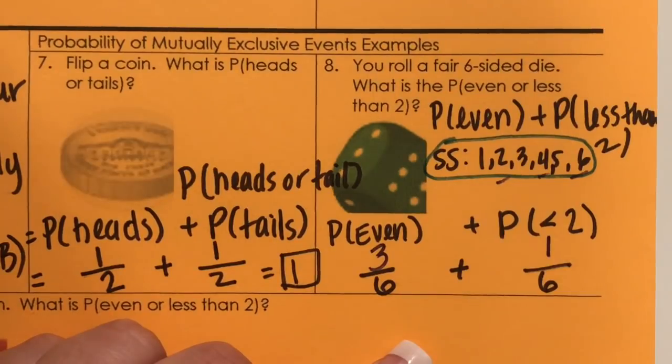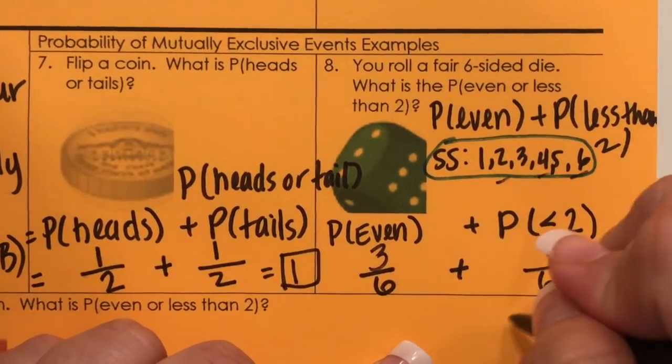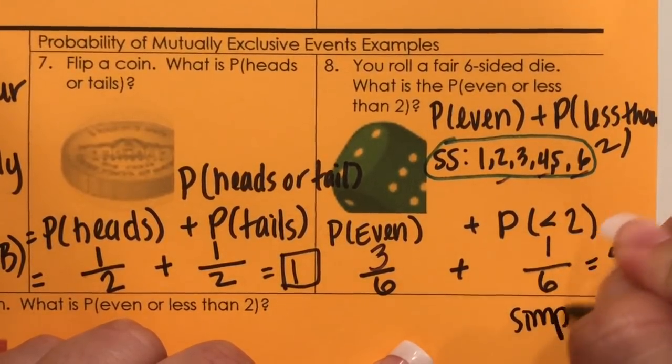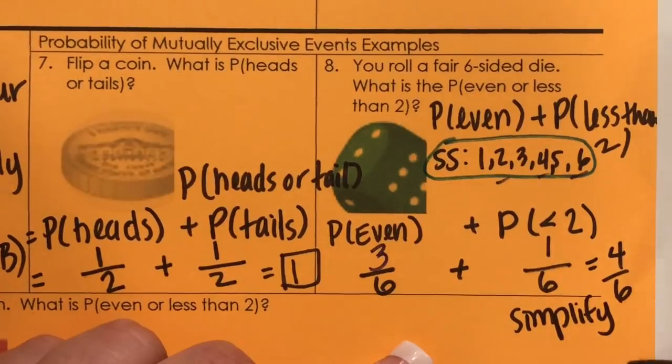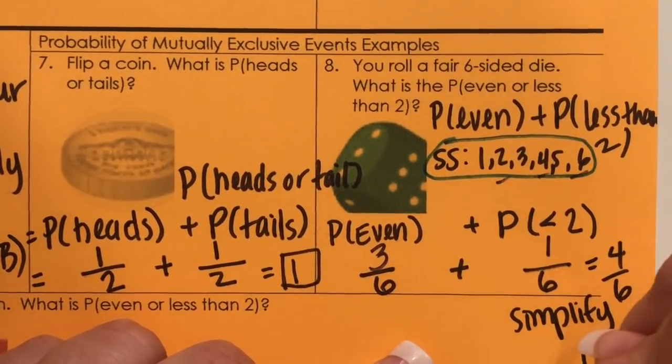When I add those together, I get 4 over 6, and then I have to simplify. That gives me 2/3, and that's the probability of even or less than 2.